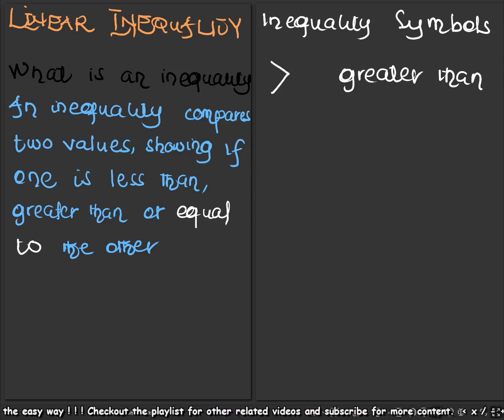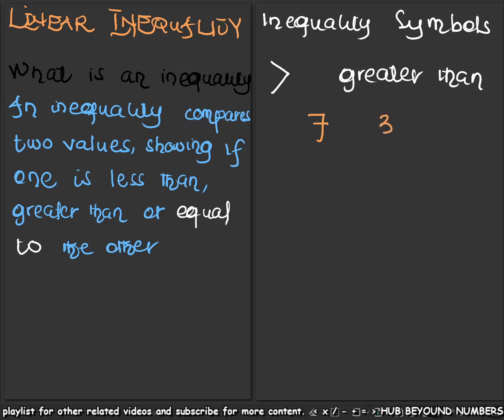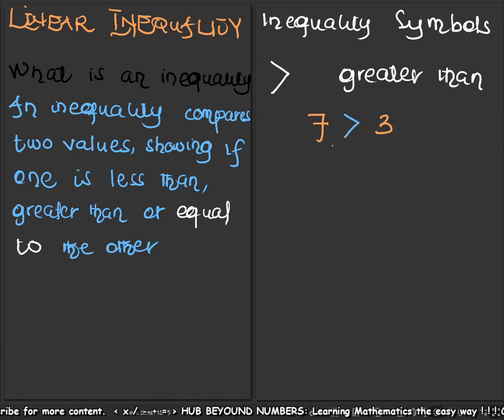So if you have 7 and you are comparing it to 3, 7 is definitely bigger than 3, so we use the greater than symbol to tell that 7 is greater than 3.